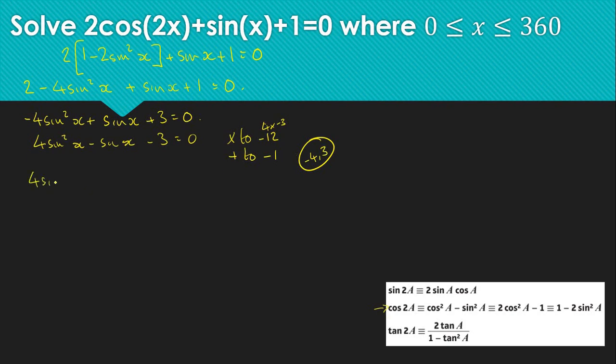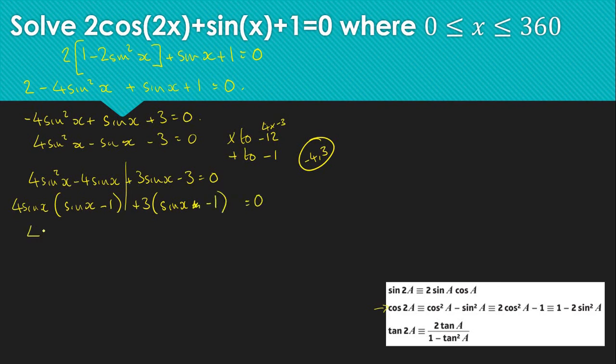So we're going to get 4 sine squared x minus 4 sine x plus 3 sine x minus 3 equals 0. Factorise each side and we'll end up with 4 sine of x, lots of sine of x minus 1, plus 3, lots of sine of x minus 1 equals 0, and your factorised version will be 4 sine x plus 3 and sine of x minus 1 equals 0.